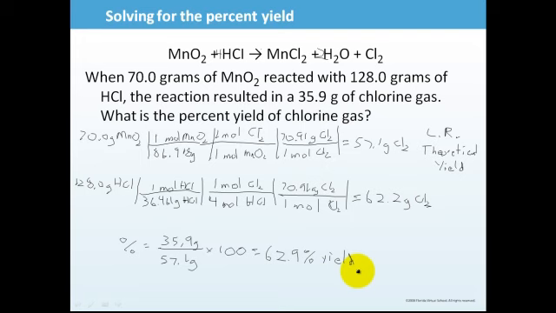So 62.9% yield. Still, it's above 50, so it's not horrible, but definitely not great, because again, we want it to be close to 100 for it to be really good.